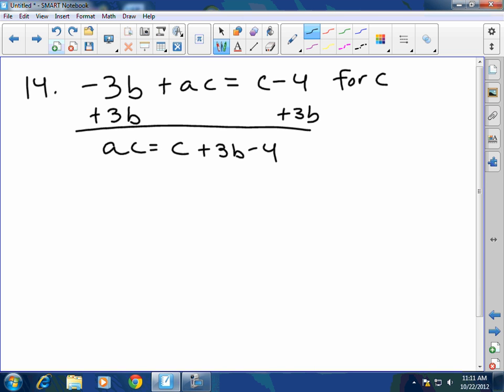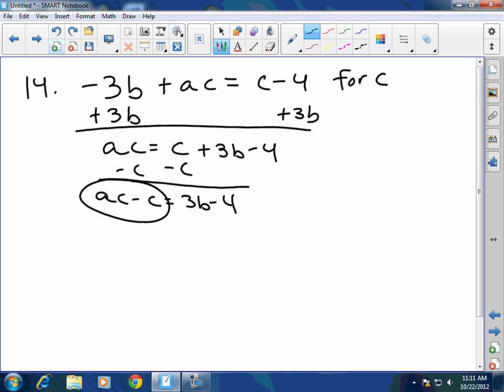I got C's on both sides of the equation. So I'm going to subtract C to both sides. I got AC minus C equals 3b minus 4. This part here should remind you of the distributive property. So we're going to reverse it.